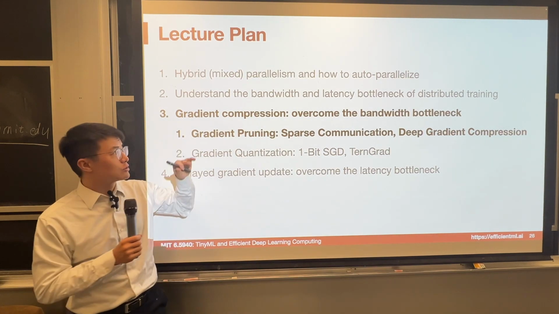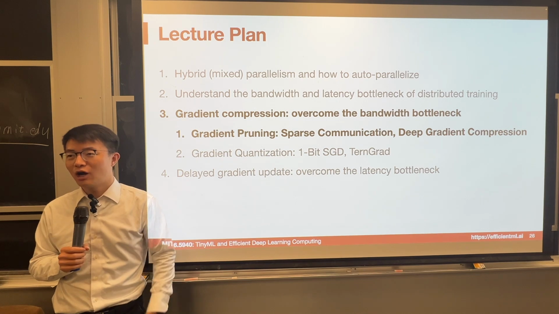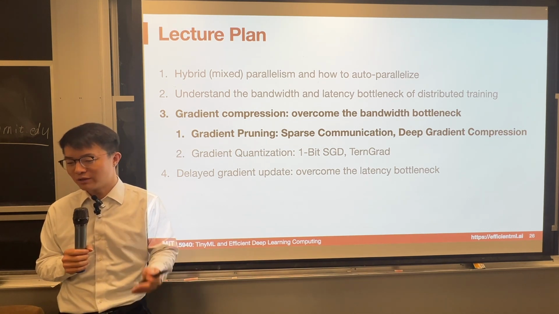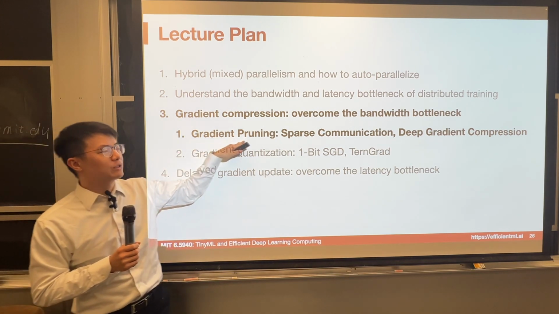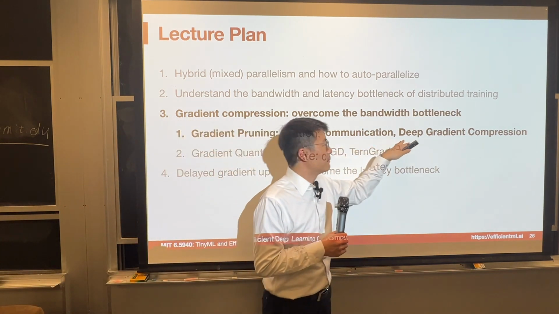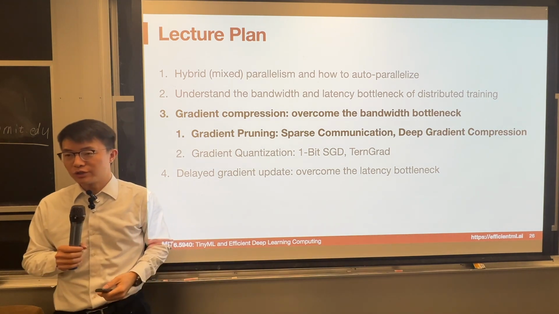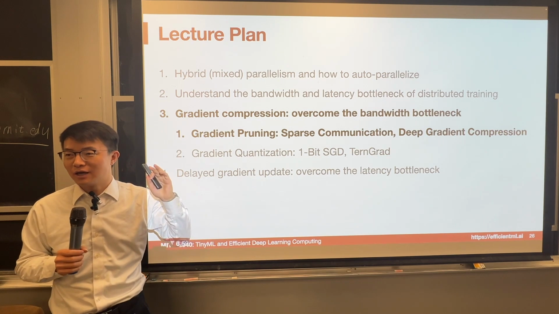So we are going to introduce compression techniques, just like model compression. Now we want to do gradient compression to overcome this bandwidth bottleneck. This includes gradient pruning to enable sparse communication, and also deep gradient compression, where we are going to introduce several techniques to enable 1,000 times sparsity.